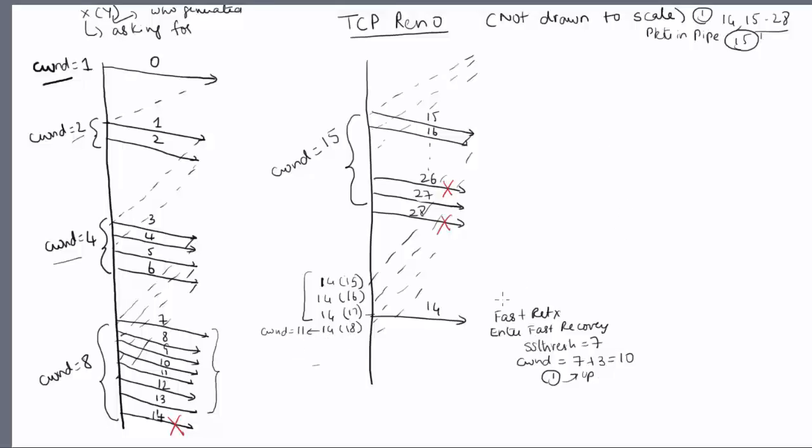As more ACKs come, you are going to increment this CWND. At what point can you send the next packet? In other words, what is this value here? If you did the calculation, it turns out to be 23. So as more and more ACKs come, you keep sending these packets. What is the sequence number of the last packet that you can send as a consequence of these duplicate ACKs?